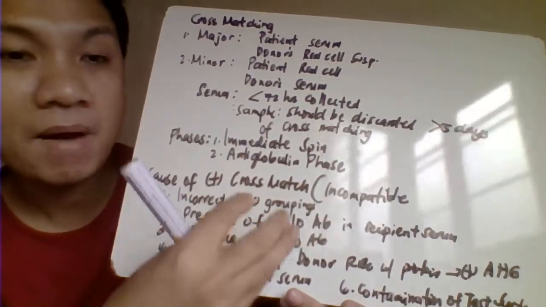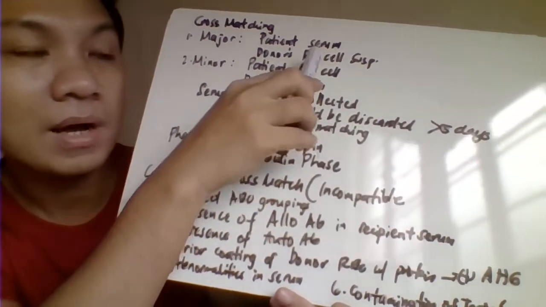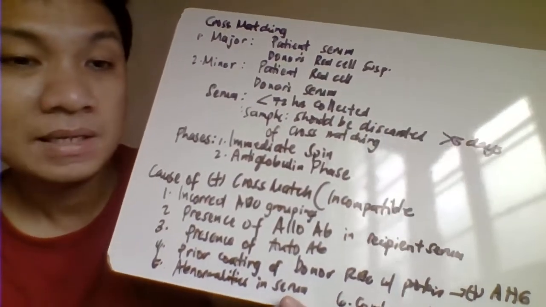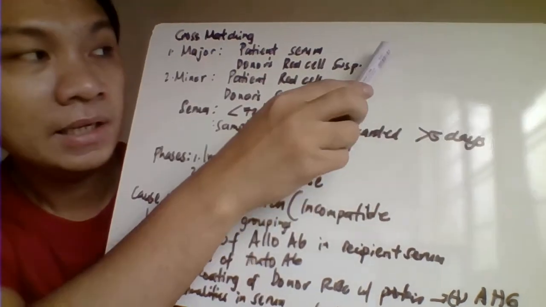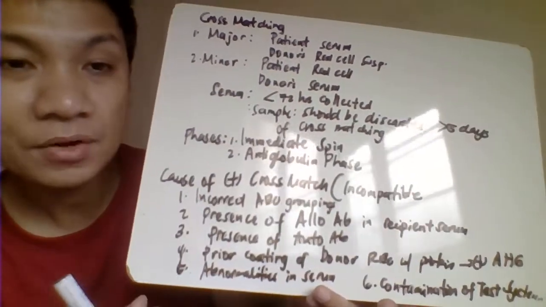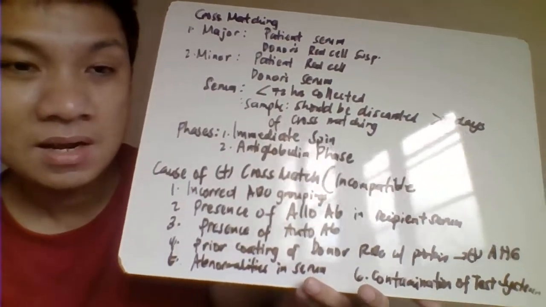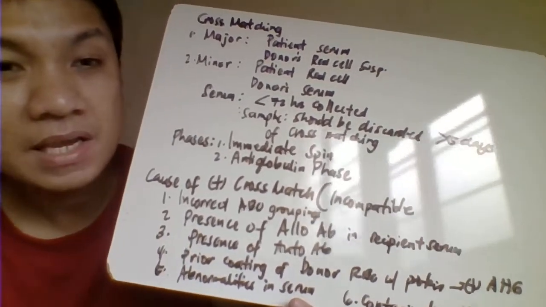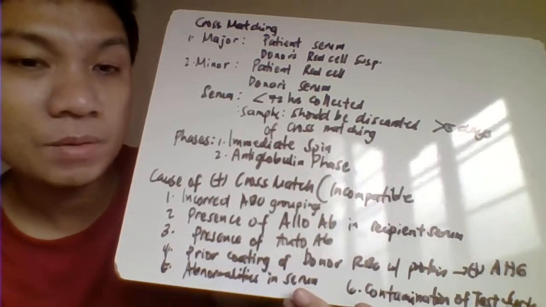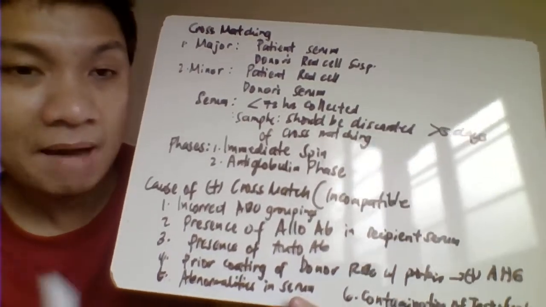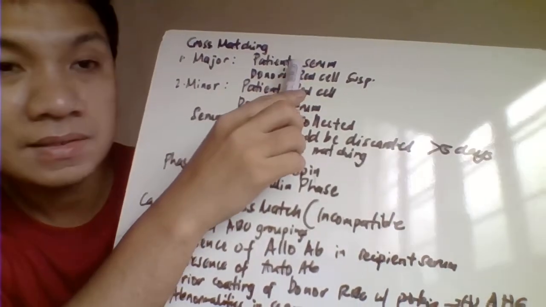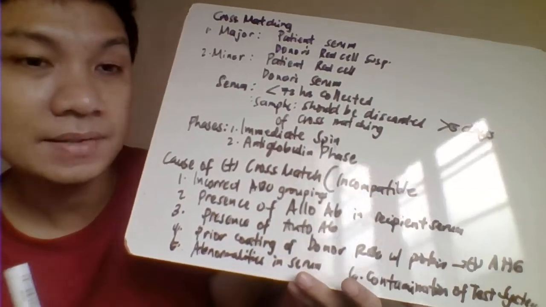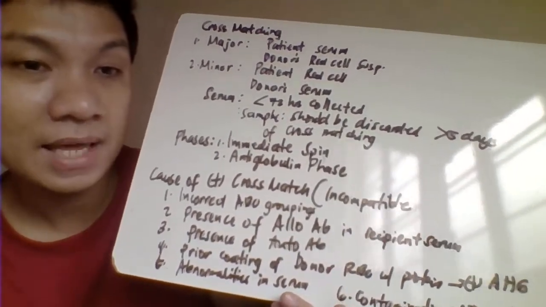Meaning to say, for the blood bag we include, you make a red cell suspension, and from the recipient, you get the serum. The success or compatibility here will be highly dependent on the recipient, since the serum is from them, having no antibody directed towards the red cell antigen of our donor.